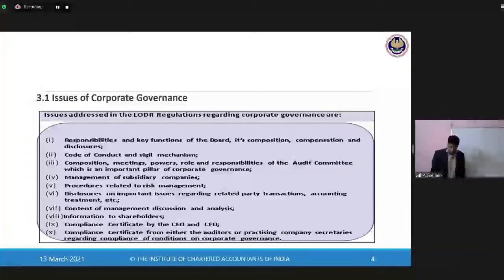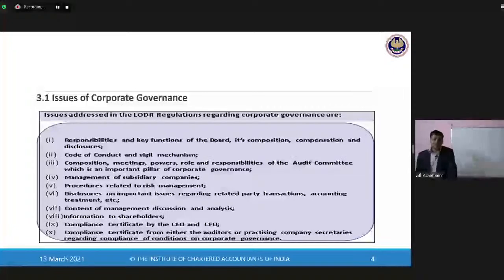Responsibilities and functions of the board of directors, composition, their compensation and disclosures, code of conduct and vigil mechanism in relation to the organization, composition, meetings, powers, roles and responsibilities of the audit committee, which is the most important aspect we can say in terms of corporate governance.